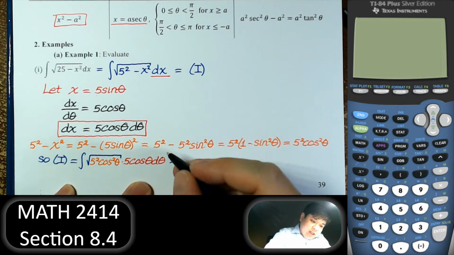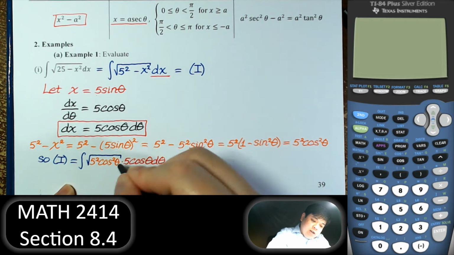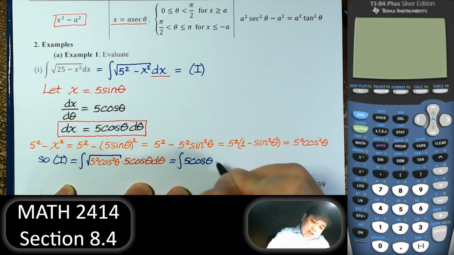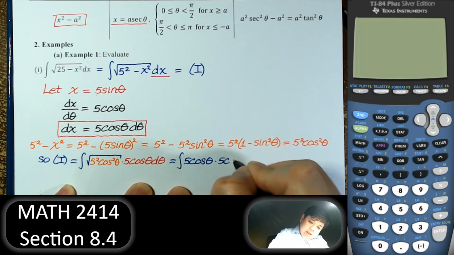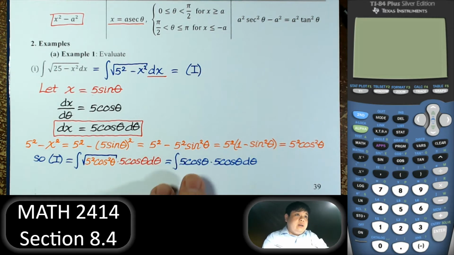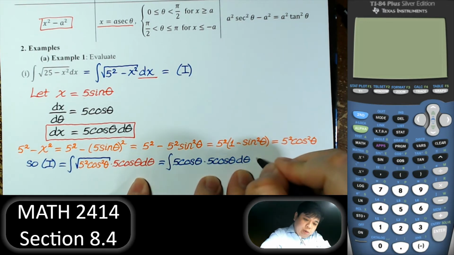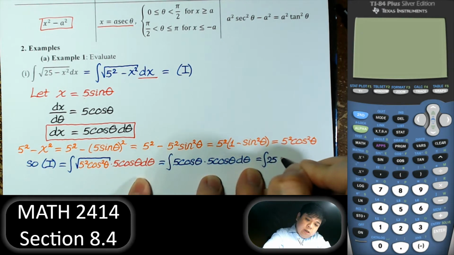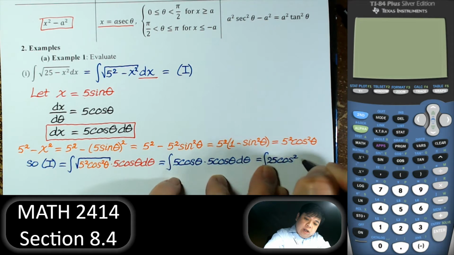I'm going to write that in a minute, but the square root cancels the square in this case. And 5 times 5 would be 25 cosine squared.